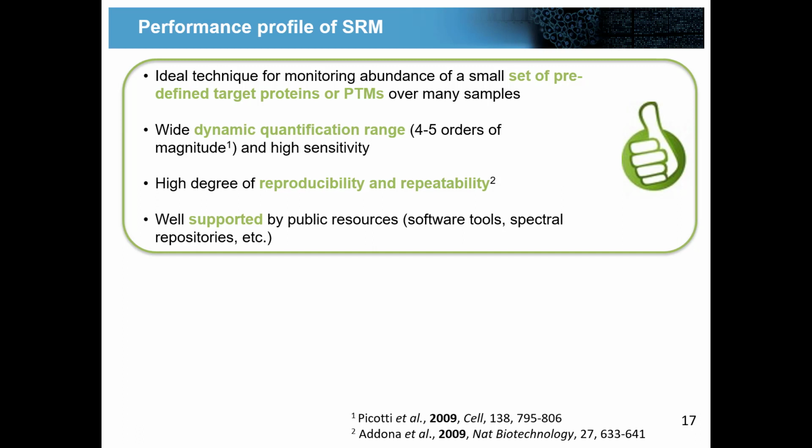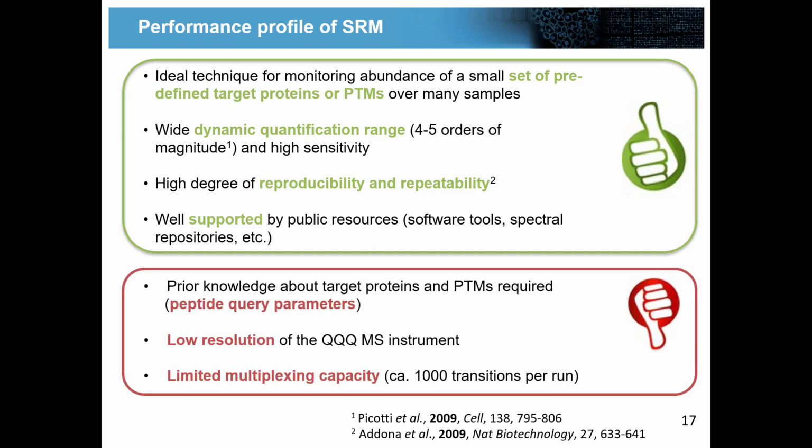A cool advantage of SRM is its very wide dynamic range. SRM and PRM can cover the widest dynamic quantification range, 4 to 5 orders of magnitude. It has high reproducibility and repeatability, and also SRM is very well supported with software tools like Skyline and spectral repositories. You can actually get a really good, quick start into it.